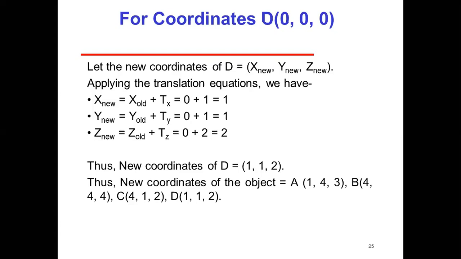For coordinates D, similarly, you can calculate. And at the end, you can write the new coordinates for the object A, B, C, D. So these are the new vertices after translation. You can write it in this way. So this is the final answer.